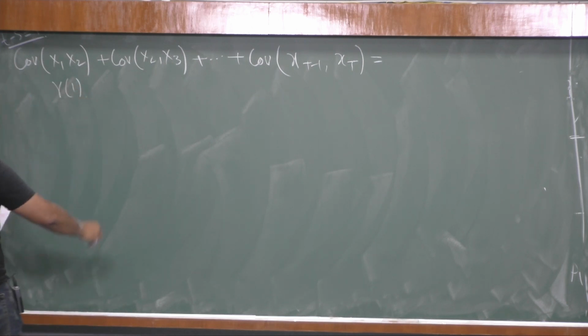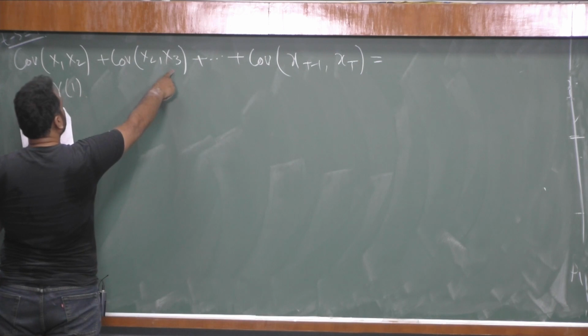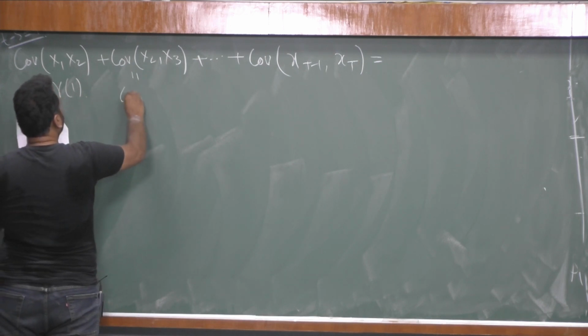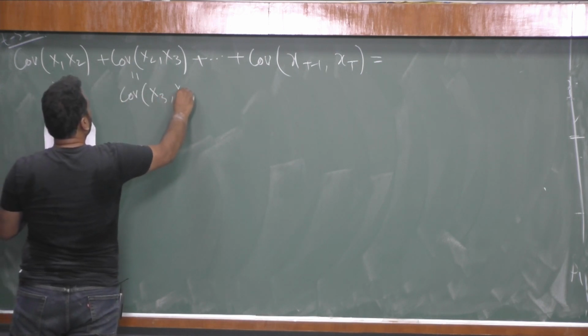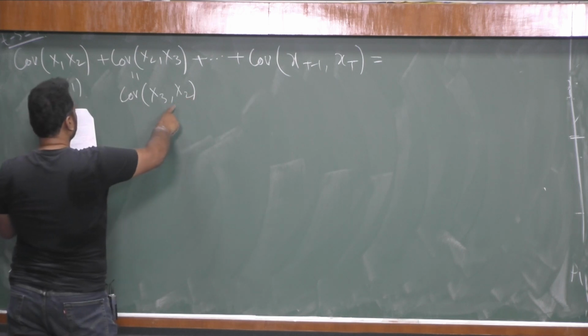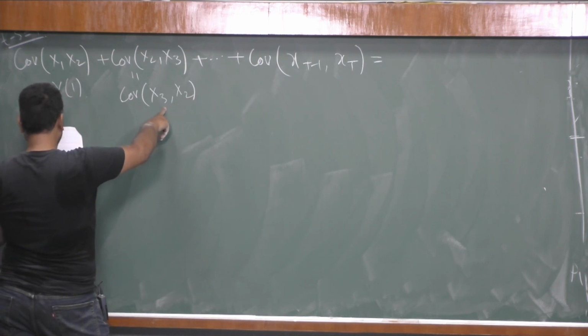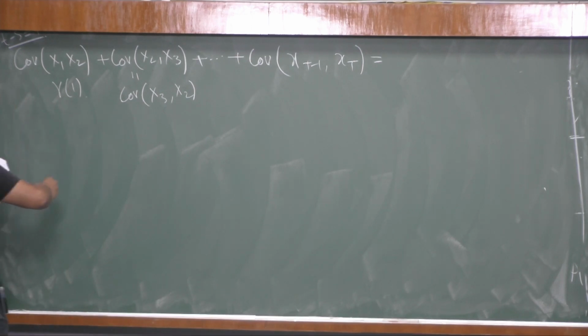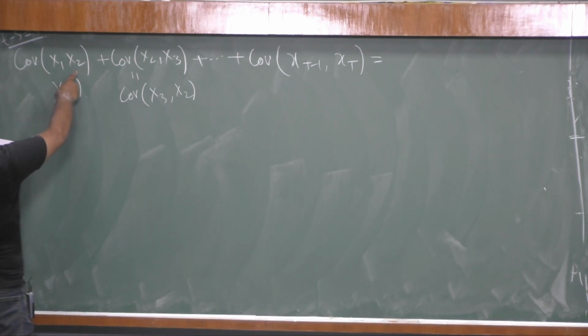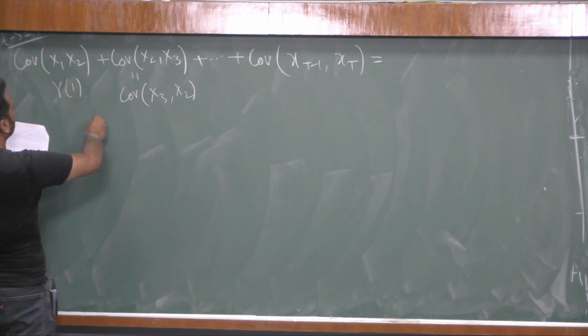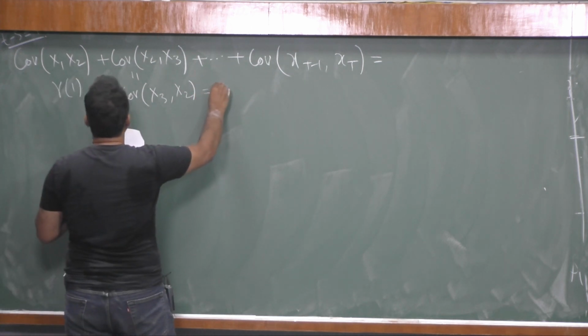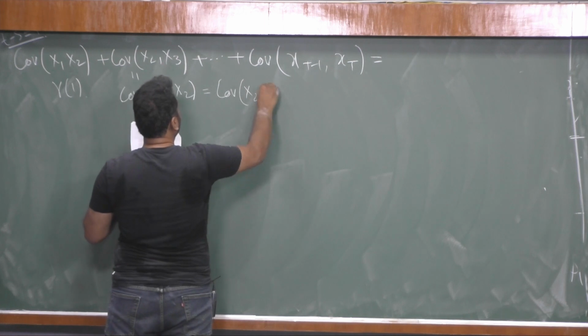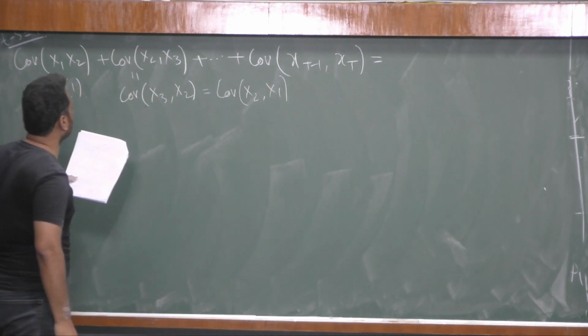And this is equal to the covariance of x3 x2. Because it's wide sense stationary, if I subtract 1, my claim is that this will be equal to the covariance of x2 x1.